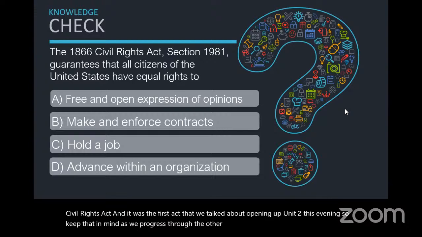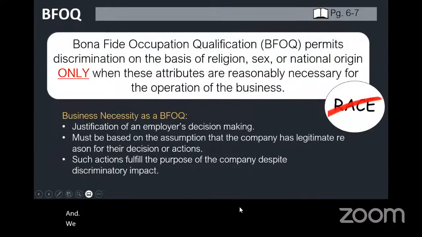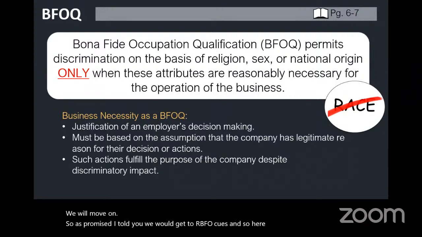So let's see here. I will stop sharing and we will move on. As promised, I told you we would get to our BFOQs. Here is the bona fide occupational qualification.